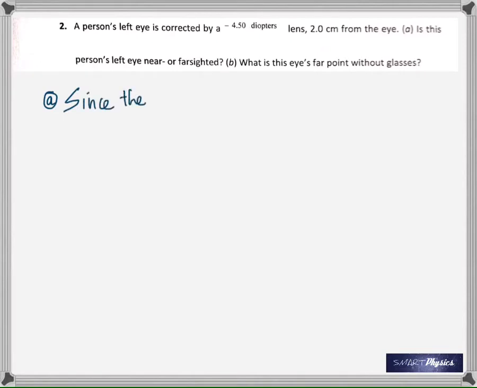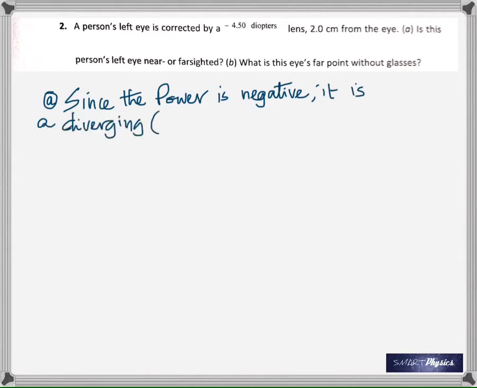Now, as explained, since the power is negative, it is a concave lens or a diverging lens, and he is nearsighted. He or she is nearsighted.